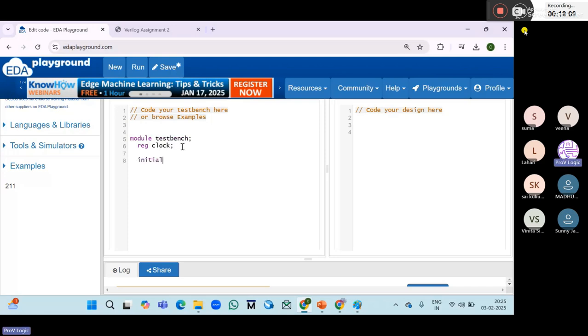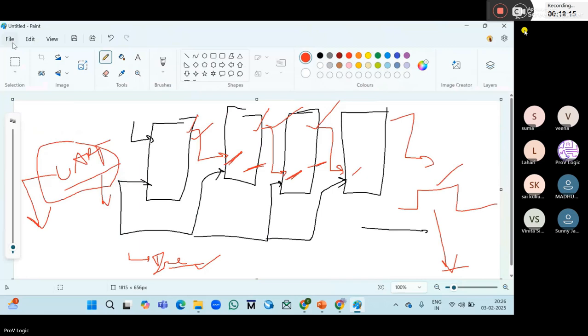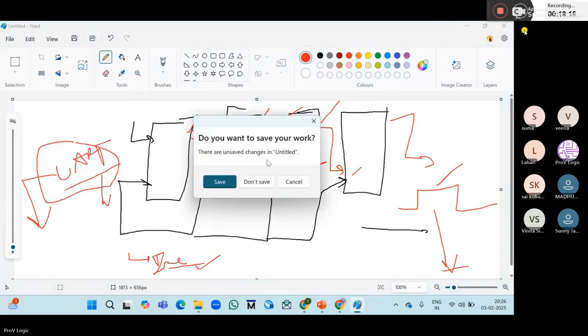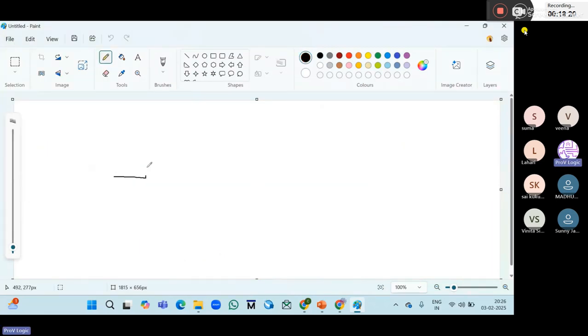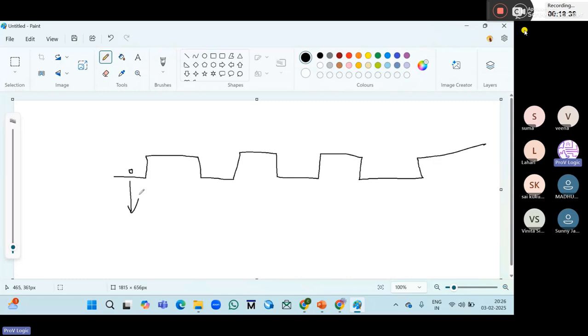Initially I'm taking the clock as 0. Why? Because the clock should be like this. You already know the initial block executes a single time, and the always block executes multiple times, iterating until we stop the execution or the simulation. So that's why we make the clock initially equal to 0.